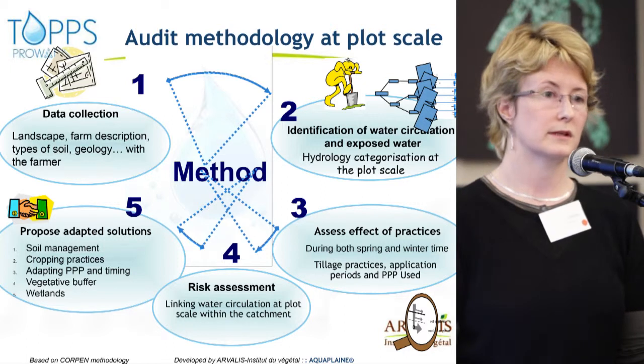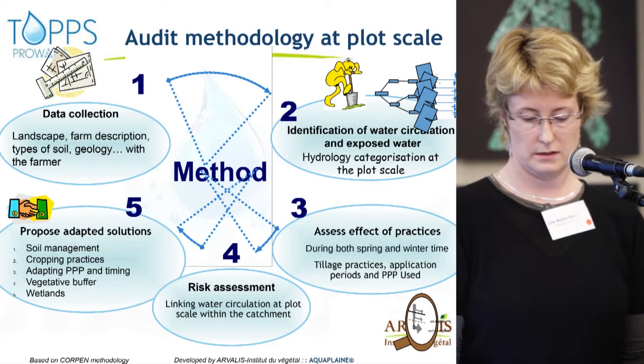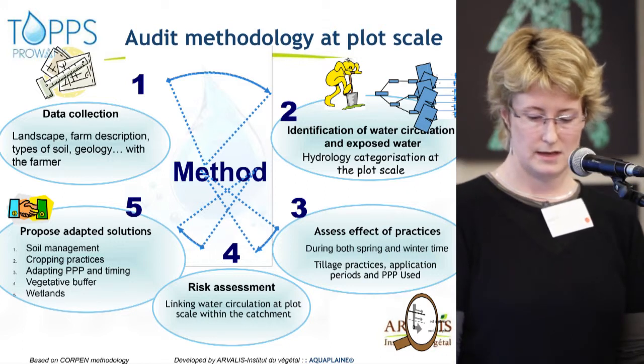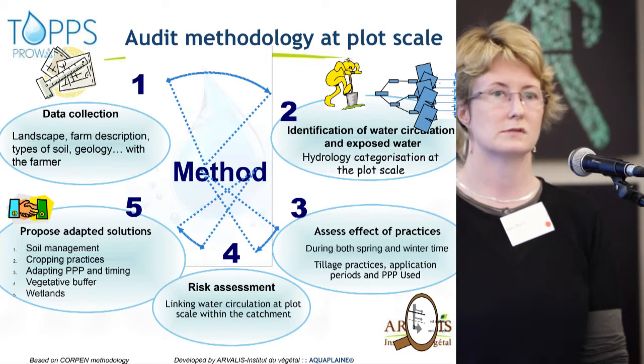Then you can propose adapted solutions, which are split into 5 to 6 categories: soil management, crop practices, adapting PPP, implementing vegetative buffers, and wetland. I will now mainly focus on steps 2, 3, and 4.